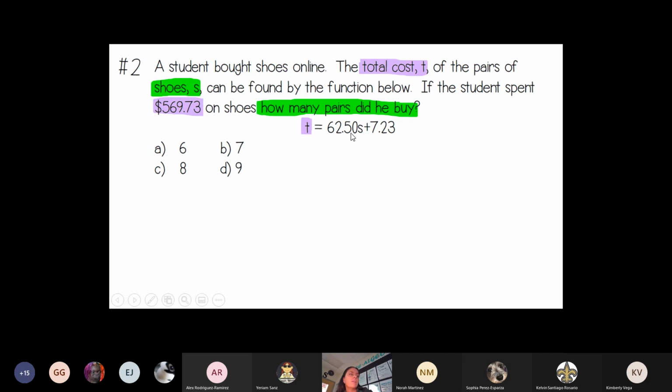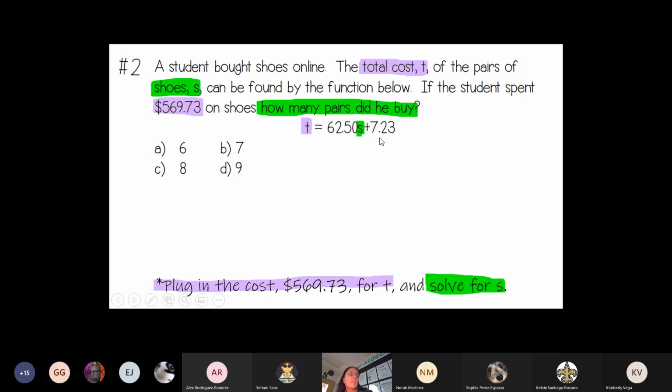I have the 62.50, which is the rate of change, how much a shoe costs per pair. The S is the number of shoes that the student would purchase, plus the $7.23, which would be the initial amount. Maybe that's the fixed tax amount, I'm not sure.